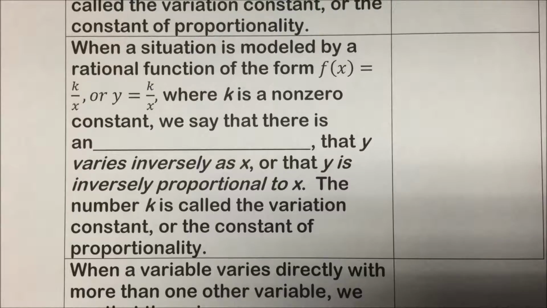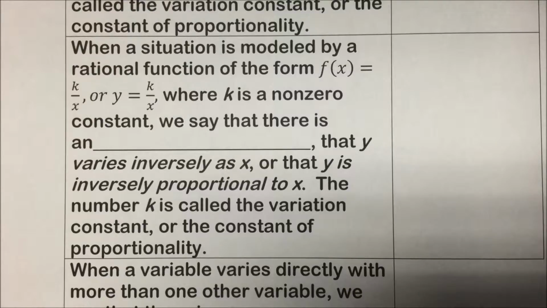Section 6.8, inverse variation. An inverse variation is a situation in which one quantity increases while another quantity decreases. Speed and travel time for a given distance is an example. For example, if you're traveling from city A to B and normally at 55 miles per hour, the trip takes 15 minutes.